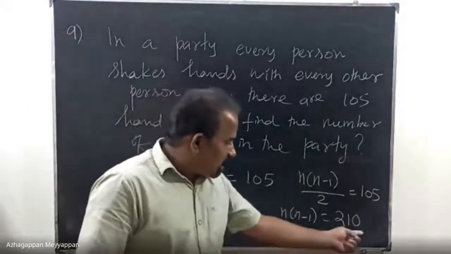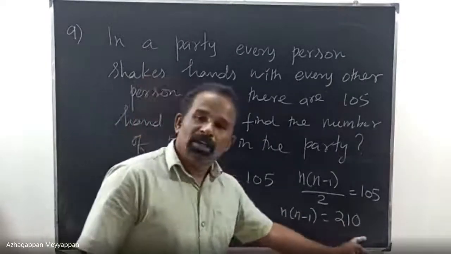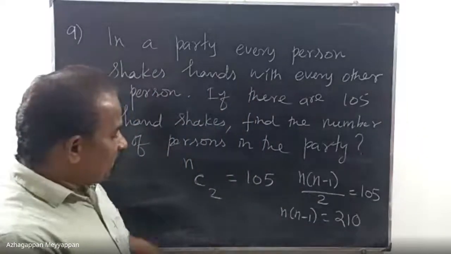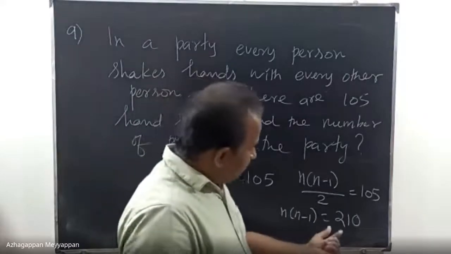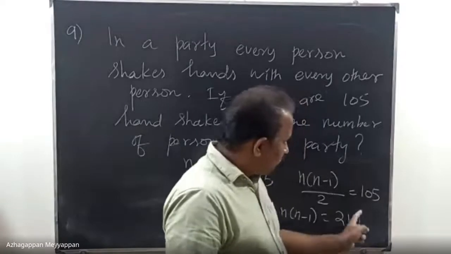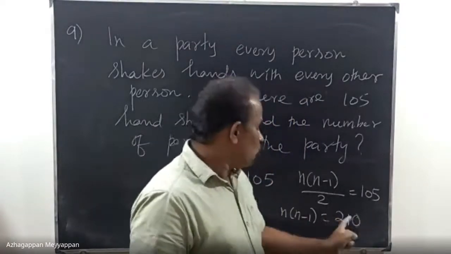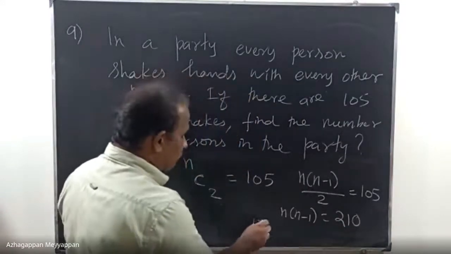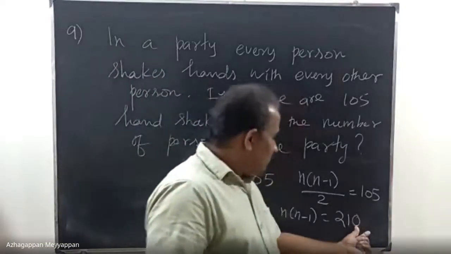Here you can get n from this quadratic equation, n square minus n, so it is very easy to find n. The product of two consecutive numbers is equal to 210. You have to find the square number nearest to 210. That is 225, which is 15 squared.